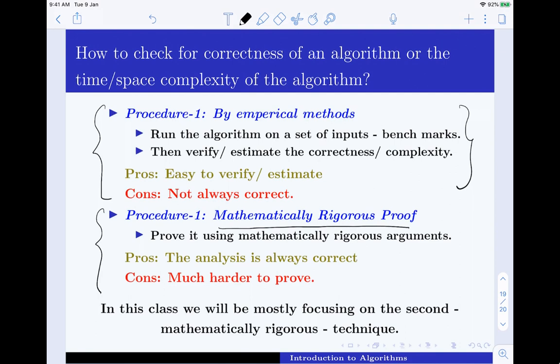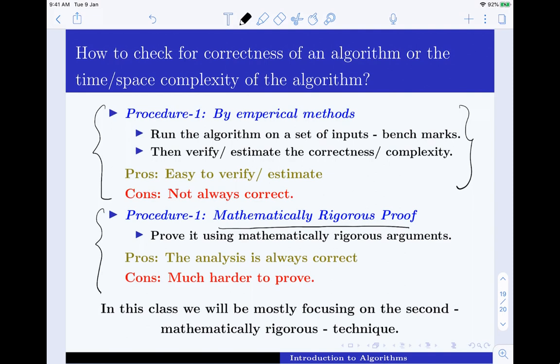The statement can be that this algorithm gives the correct answer with probability 3/4. It means that I have a mathematically rigorous proof that the algorithm will be correct with probability 3/4. Now this is kind of the gold standard. This is the algorithm that works perfectly, no issues, very nice. But this is also much harder to prove.